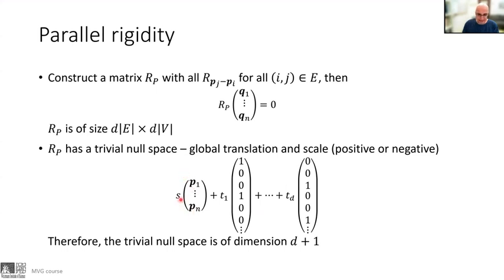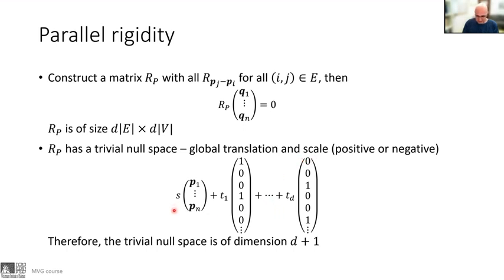If S is 1, I get P1 to Pn, and obviously those are trivially parallel to P1 to Pn. If I put S equals 2, I basically increase the size. I scale all the points by 2. And of course, all the directions will be parallel. So this is the trivial null space of Rp, which contains translations and scale.